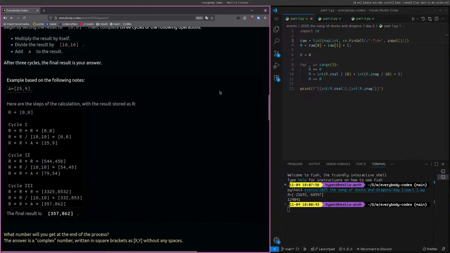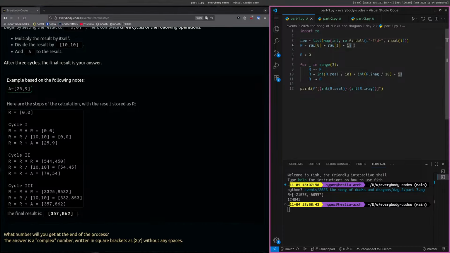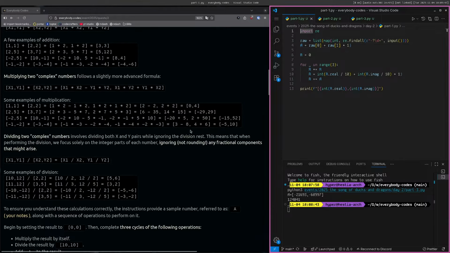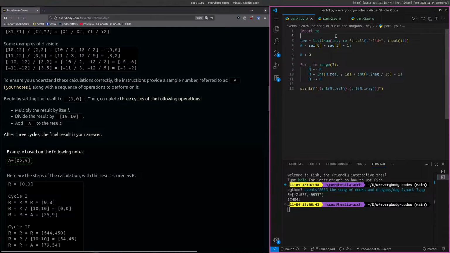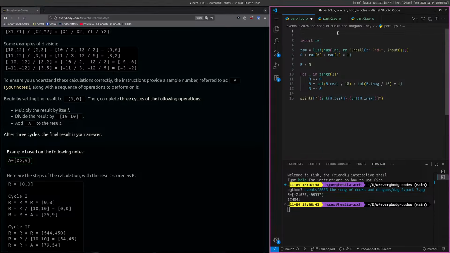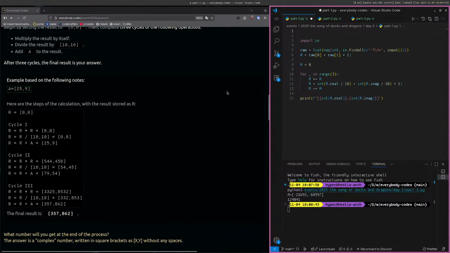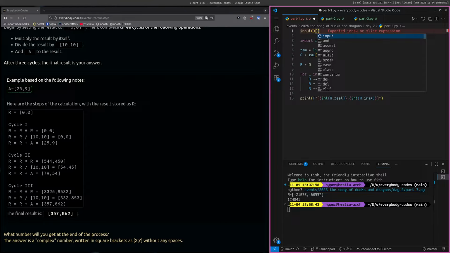Okay. So gathering the input for this is not too complicated. The way I did it is rather bad. What we can do instead is, instead of using regex to parse out the numbers, we can just say that we take the input and we remove the a equals open bracket and the last close bracket and then split it on commas.